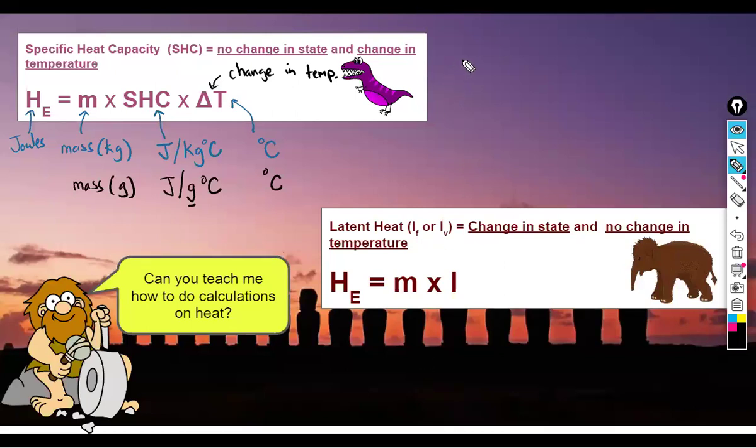For example, if I have a piece of metal and the piece of metal is 20 degrees Celsius, and then the temperature is increased to 25 degrees Celsius, the change in temperature is 5 because it went from 20 to 25. So the change is 5. A lot of people mix up change in temperature with regular boring temperature.